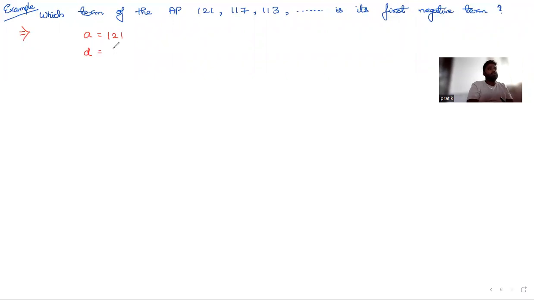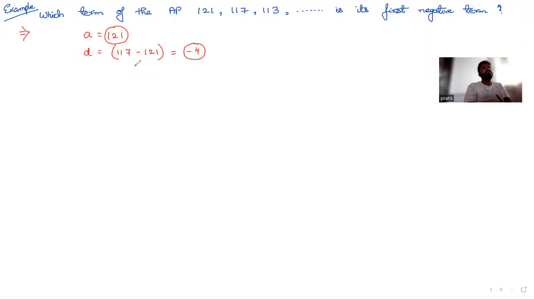The common difference is 117 minus 121, which is equal to minus 4. This is basically an AP with a decreasing common difference. The common difference is negative. So definitely, if you look into the given AP, it is 121, 117, 113, and it keeps decreasing, correct?